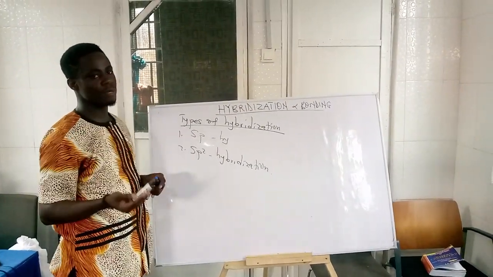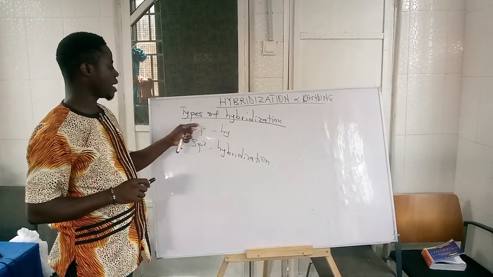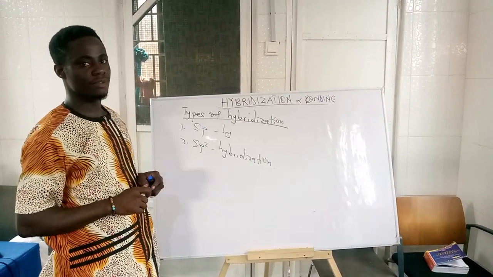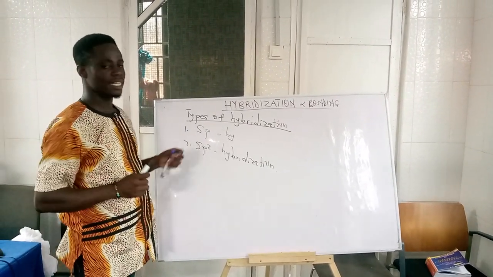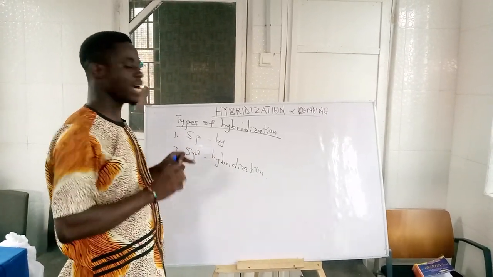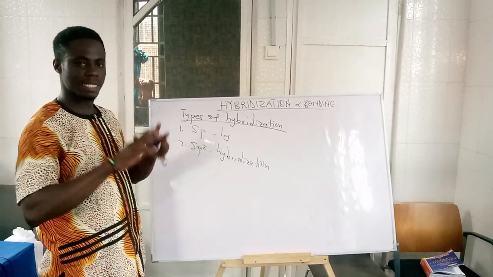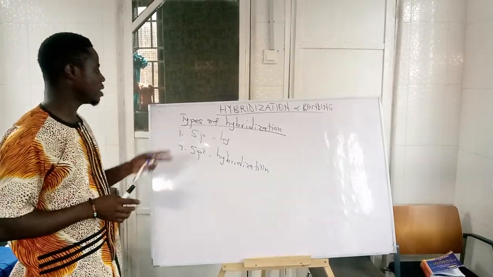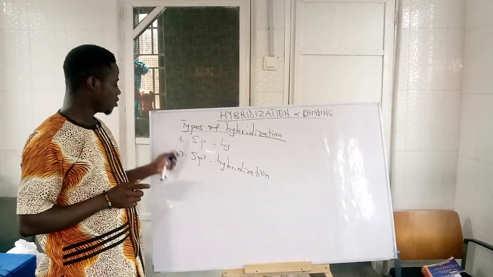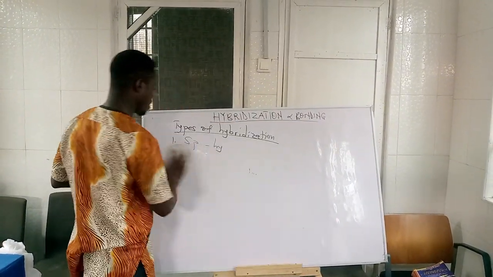So two hybrid orbitals are formed, and the bond angle under the sp hybridization is 180 degrees. The shape is linear, so any molecule having sp hybridization has a linear shape. A typical example is the beryllium chloride we gave as an example.